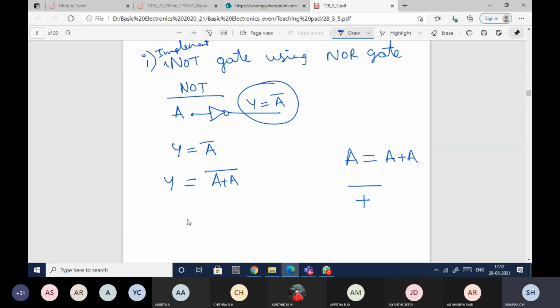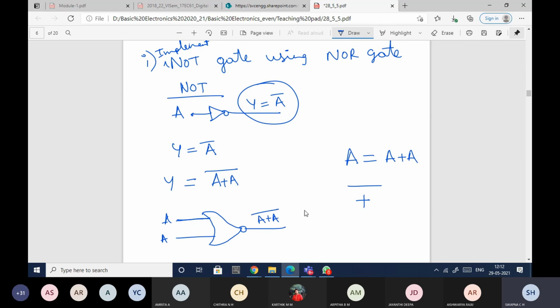Okay, so how will I implement? 2 inputs to NOR gate, both are of same. Okay, so since I'm using OR plus NOT, OR in the sense A plus A, NOT in the sense whole bar.